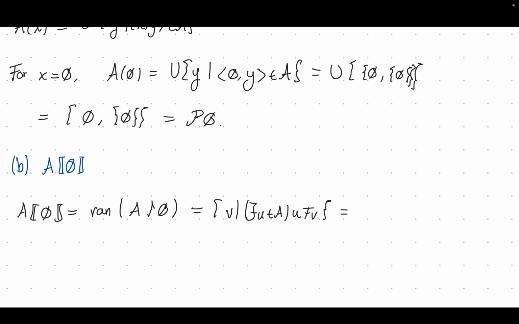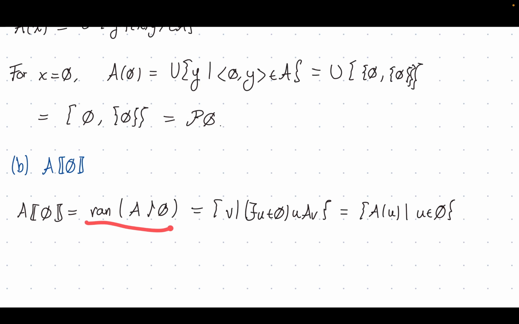And this is going to be equal actually to the set of A of u such that u is in the empty set. Oh, sorry. That's the danger of copying definitions. I almost got that wrong.